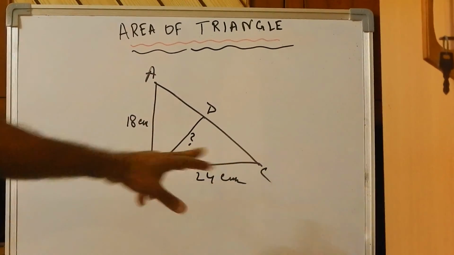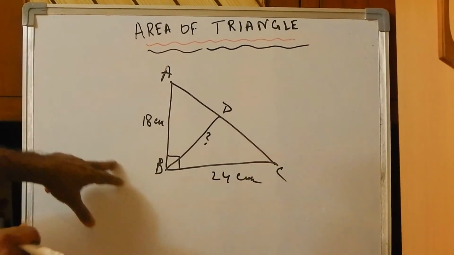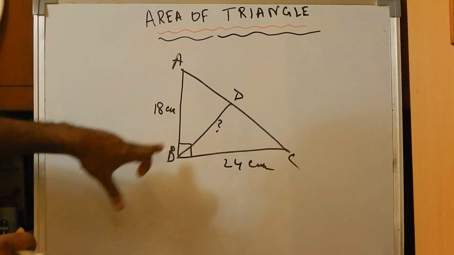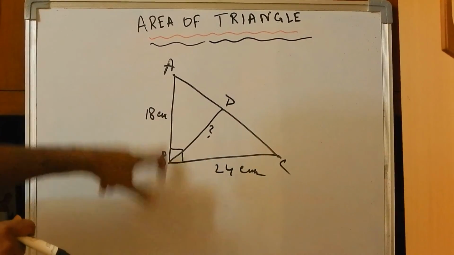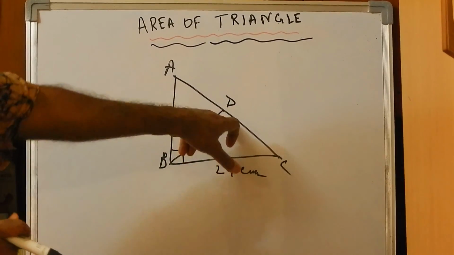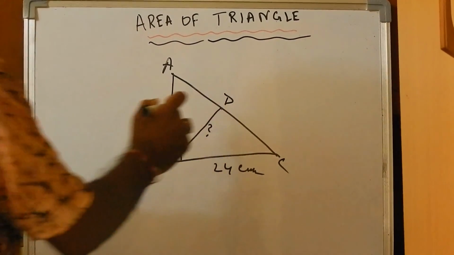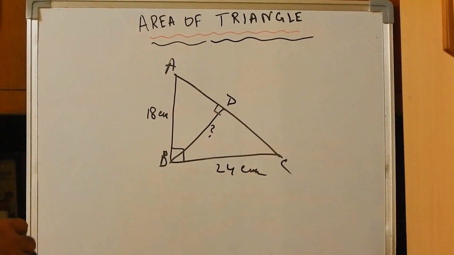From these clues, AB's length and BC's length, we are required to find out the length of this perpendicular drawn from the right angular point to the hypotenuse, that is on AC. The line BD is drawn perpendicular on AC.